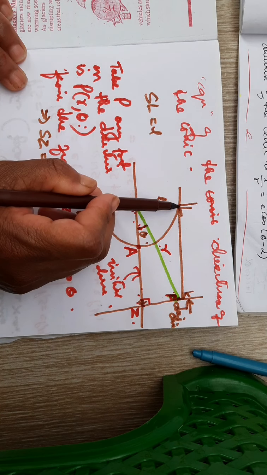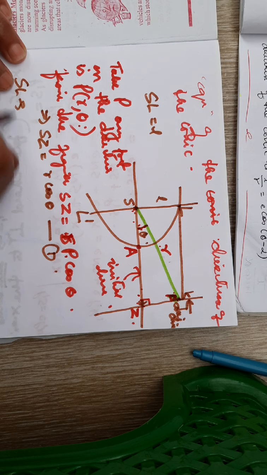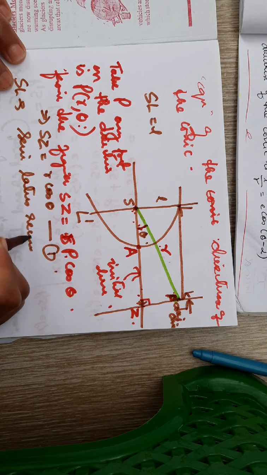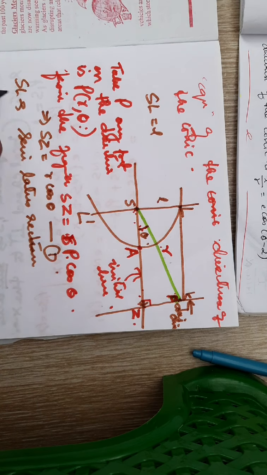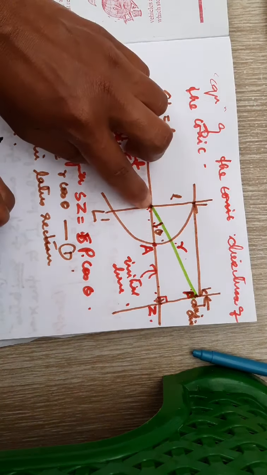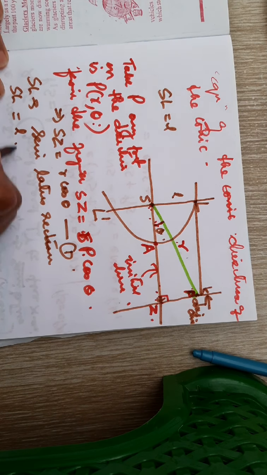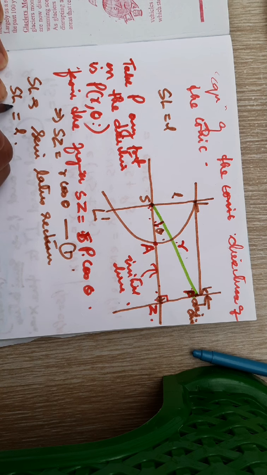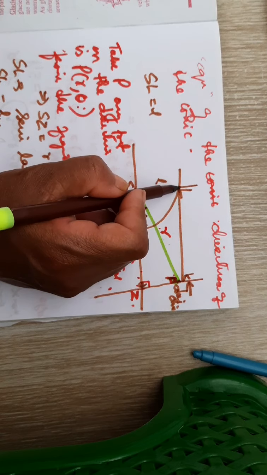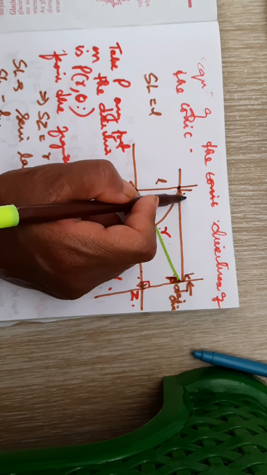Now what is SL? SL is the semi-latus rectum. If I take SL equal to small l, the length from here to here, then capital SL will be equal to l, the semi-latus rectum. Now see this one. This L here is a point on the conic.